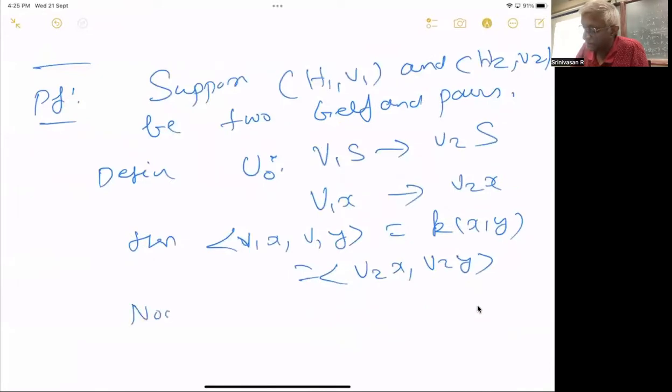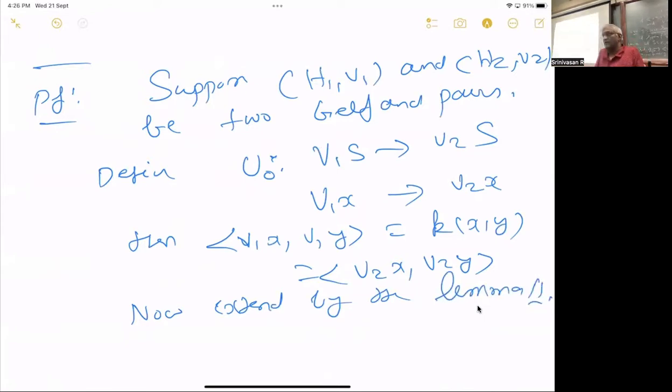Now extend by the lemma. Lemma 1, or the first lemma of this. If you have some function from a total set contained in a Hilbert space to a Hilbert space, which preserves the inner product, then you can extend it.